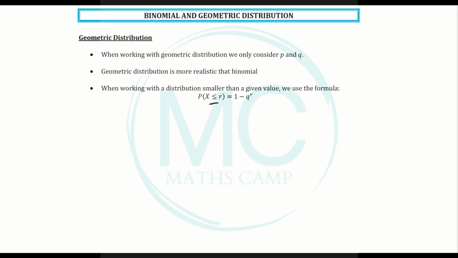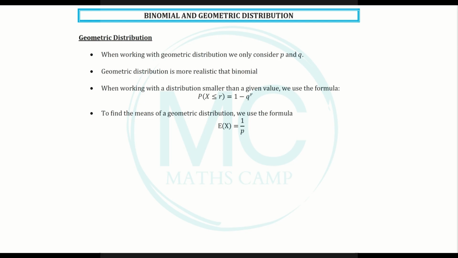Always keep this in mind when working with this formula. Also remember that this does not apply to events greater than r. To find the mean of a geometric distribution, we use the formula mean is equal to 1 over p. You will never be asked to find the variance.